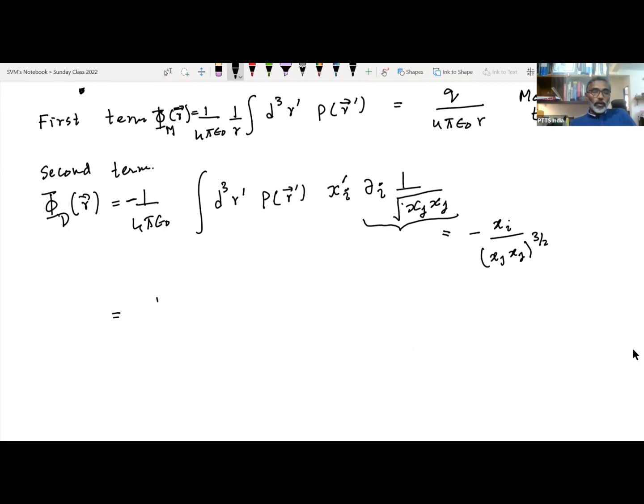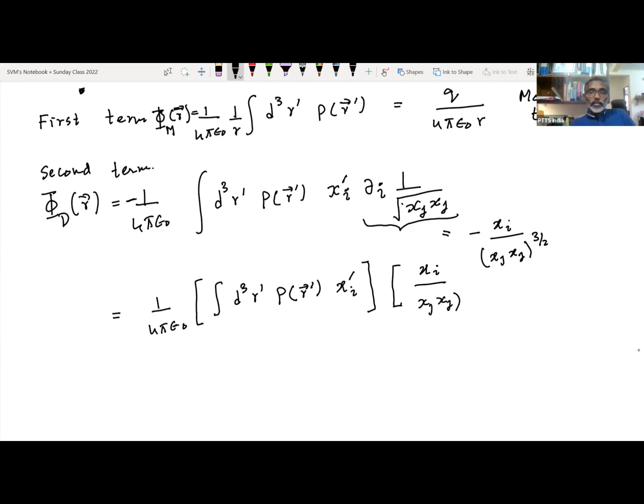So I will have 1 over 4 pi epsilon naught into, there is an integral d3 r prime rho of r prime into xi prime. When you do this integration, you will get a vector because you have one free index i here. And then we have here xi divided by xj squared to the power 3 by 2.